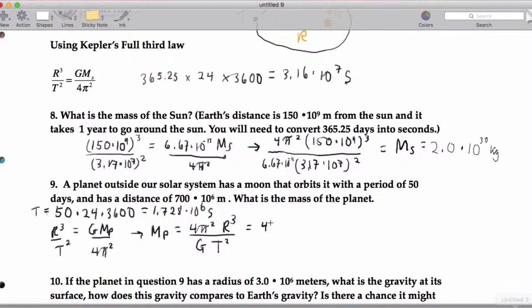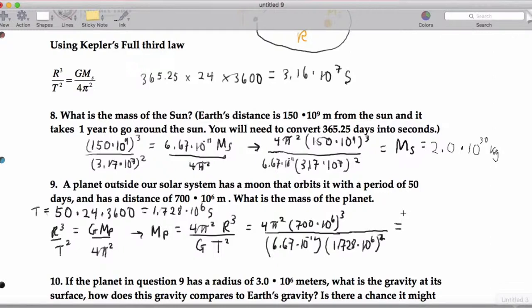So that's 4 pi squared. R cubed is going to be 700 times 10 to the 6th, and we'll cube that. We'll divide that by 6.67 times 10 to the negative 11th. And we'll also put t squared in there, which is going to be 1.728 times 10 to the 6th quantity squared.